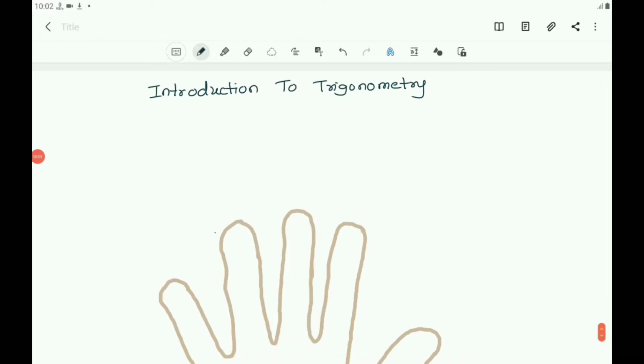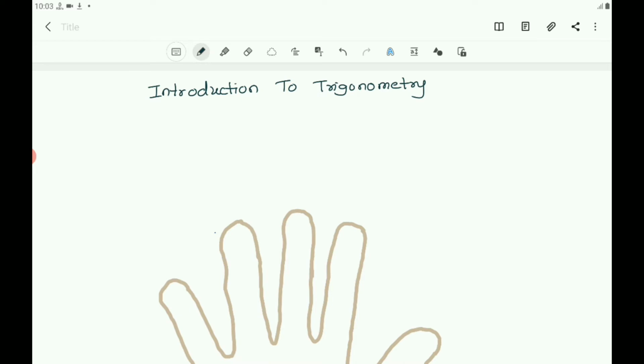Dear children, let us continue the chapter Introduction to Trigonometry. Now, you know the ready reference for the values for the trigonometric ratios of 0 degree, 30 degree, 45 degree, 60 degree, 90 degree.